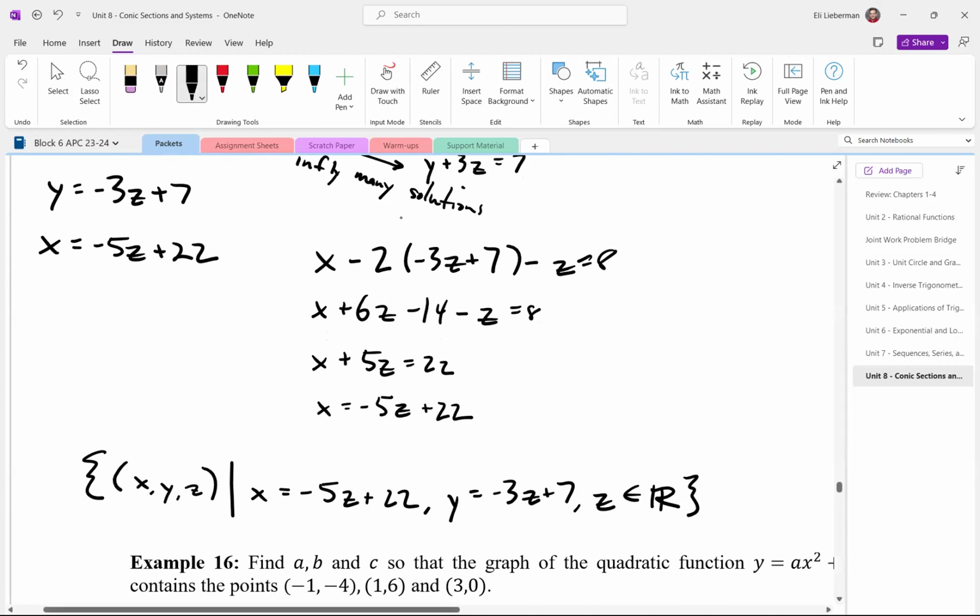Must it be z? No, it could be x or y. Just put z is equal to that, and for whatever one you choose, x could be an element of all real numbers.